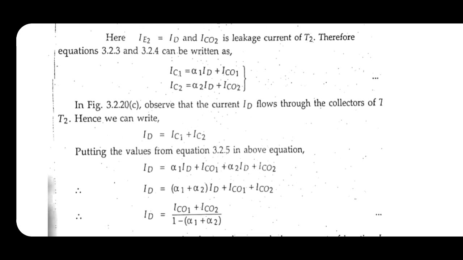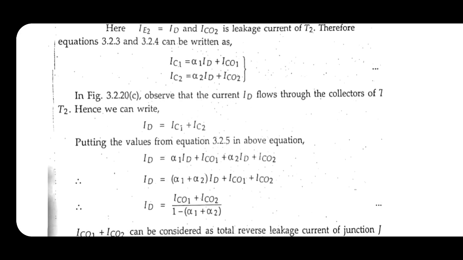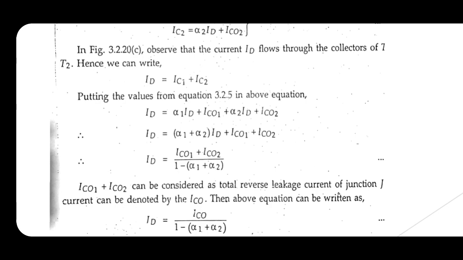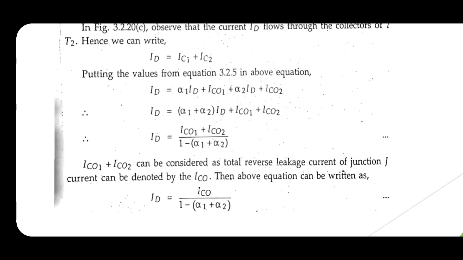From the figure indicated in the previous slide, we see that the current ID flows through the collectors of T1 and T2. Hence we can write ID is equal to IC1 plus IC2, and after putting in the values and simplifying, we get ID is equal to (ICO1 plus ICO2) divided by (1 minus (alpha 1 plus alpha 2)).